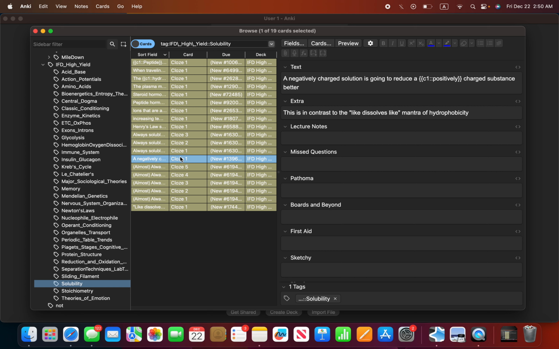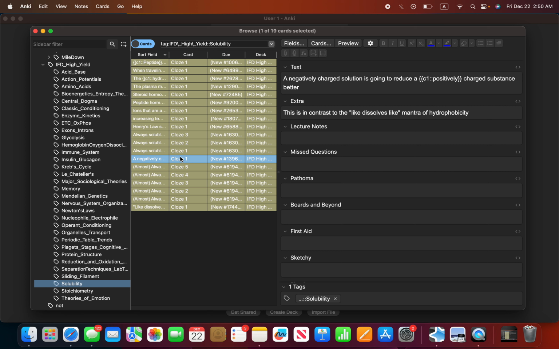Like dissolves like, sure, but we have something opposite here, where a negatively charged solution is going to reduce a positively charged substance better. That is a deep one.